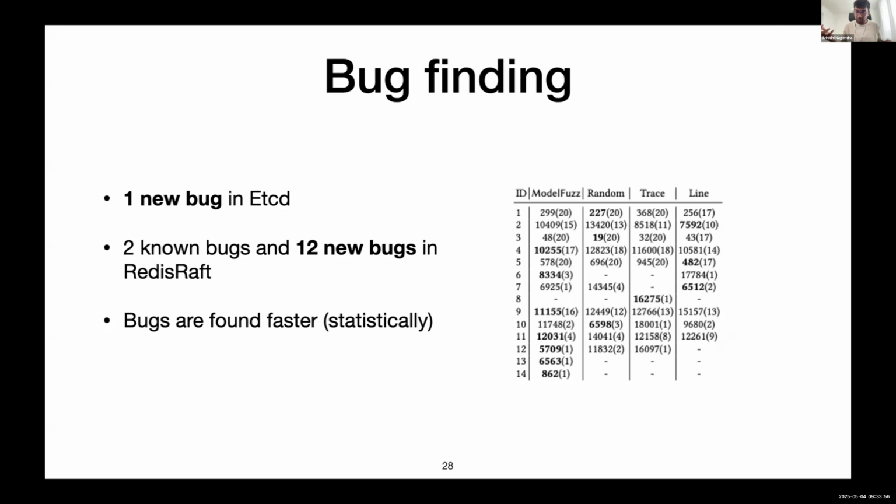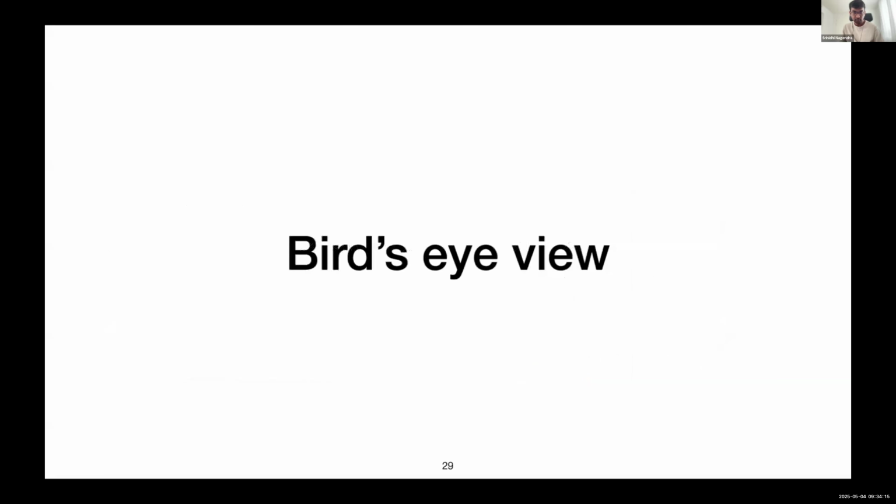And we measure how many bugs we found and when we found them, and we found that ModelFuzz is able to find these bugs much faster, especially if these bugs are rare. So in these two cases, we found this bug only once, and only ModelFuzz is able to find it. You can see the trend in the other bugs as well.